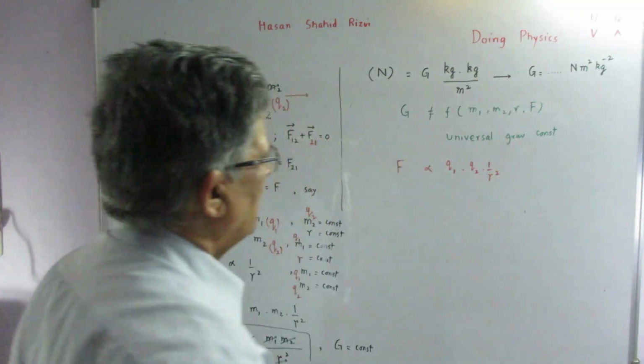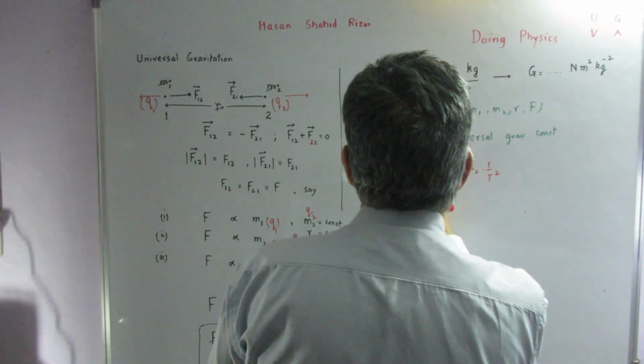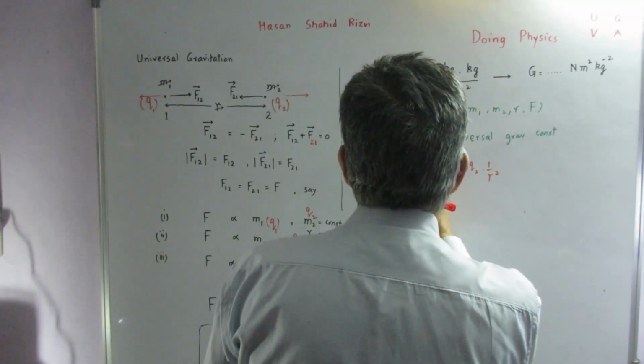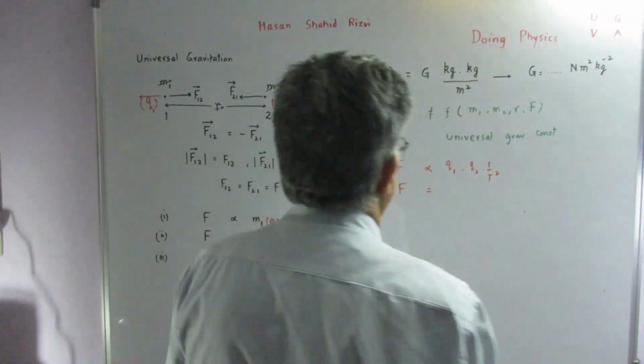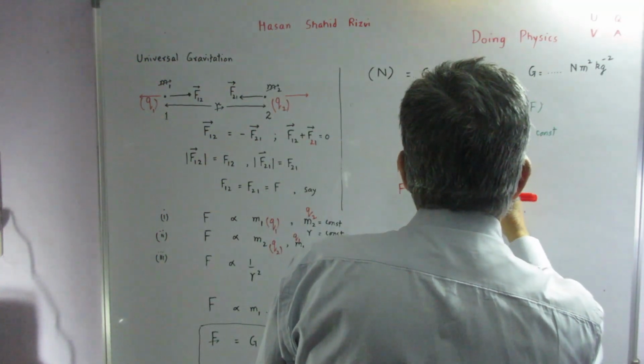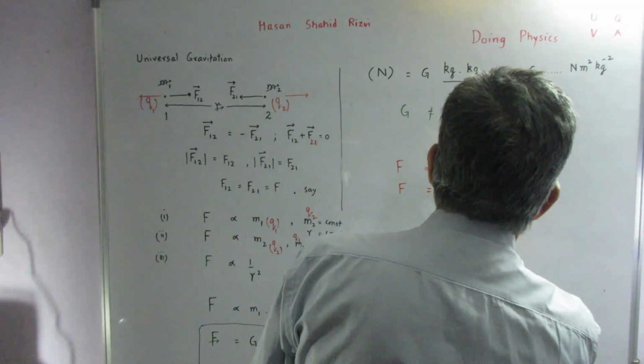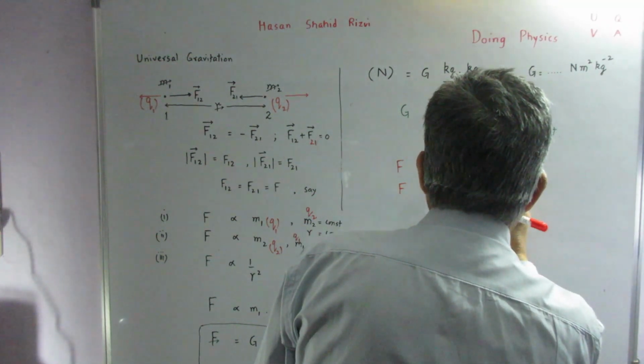And therefore F is equal to some constant times Q1 Q2 upon R square.